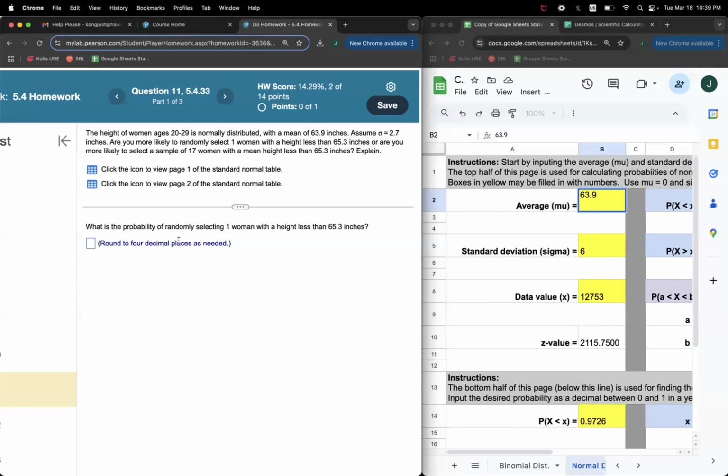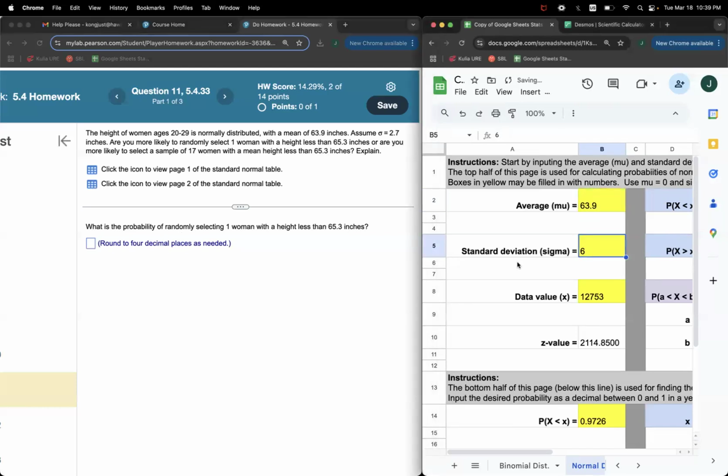Okay, but let's answer the question. They're going to direct us through the steps to actually compare the numbers. Let me go ahead and input my sigma here. This is for randomly selecting one woman, so that's with the original sigma. The original sigma is 2.7, right? And the data value that I'm checking is 65.3.